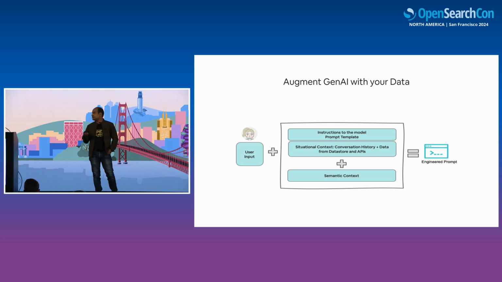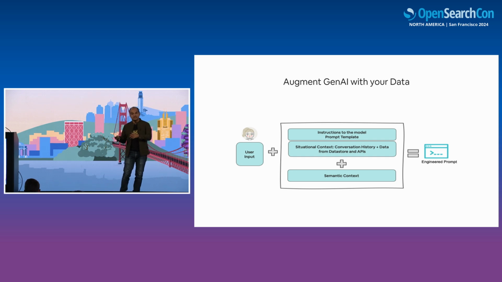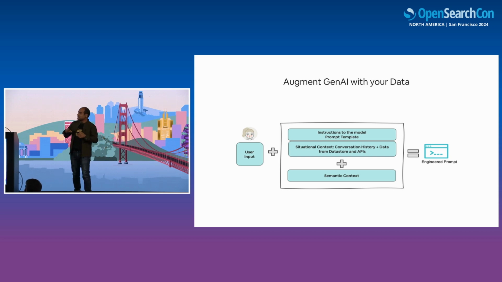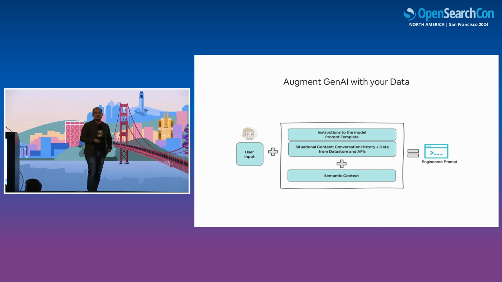And that's the semantic context with OpenSearch vector space, because all of your data is already available in the vector space as embedding. And OpenSearch vector space can add that semantic context. At the end of it, you get an engineered prompt, which is a lot better, has the latest data about your organization or the latest products you have, and you get better results and better use from your large language model or Gen AI investment.